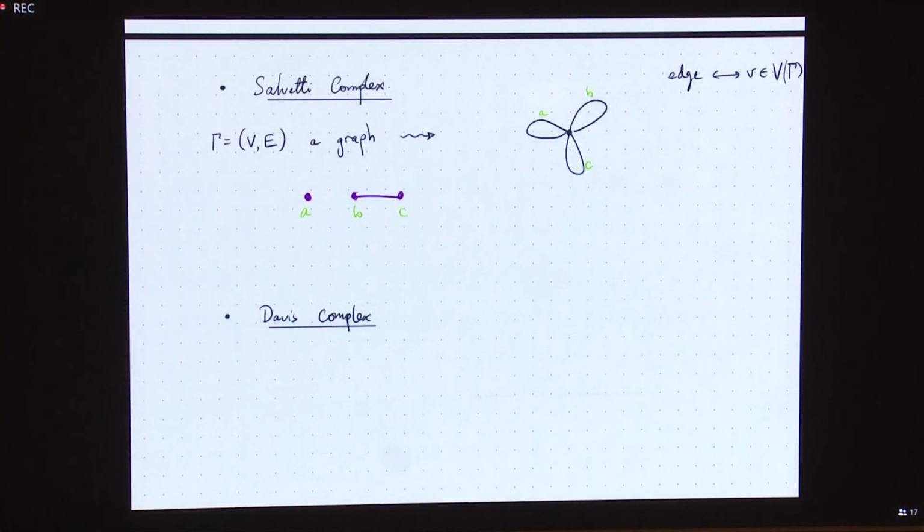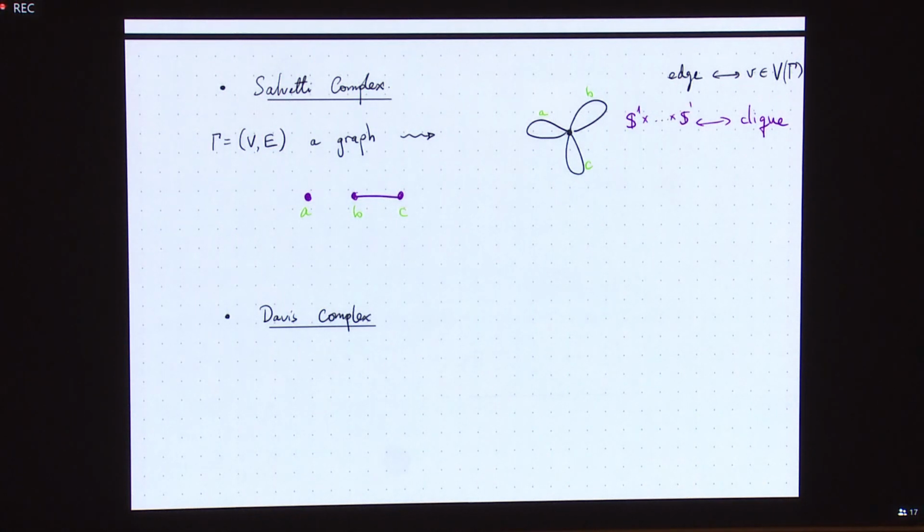And now you want to introduce higher dimensional cells corresponding to cliques in gamma. So for every clique in gamma, I'll glue in a torus, so a product of S1s.